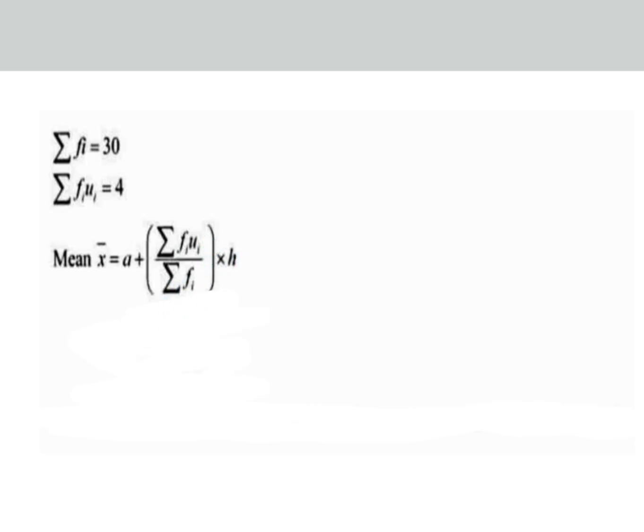Substituting the values: a is 75.5 plus sigma fi ui is 4 by sigma fi is 30, and h is equal to 3.